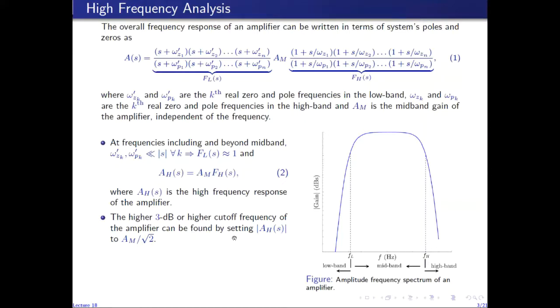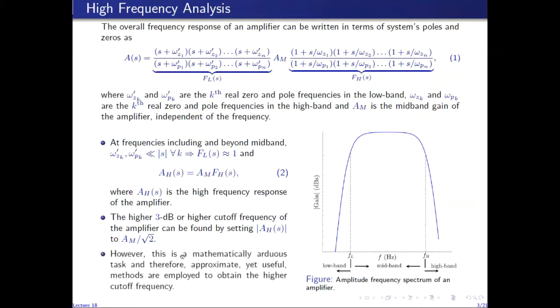So the frequency at which the magnitude of the gain drops to 70.8% of its midband value, that frequency is called the higher cutoff frequency on the higher side. So the higher cutoff frequency can be found by setting the magnitude response of the amplifier to AM by square root 2, which is 70.8% of AM.